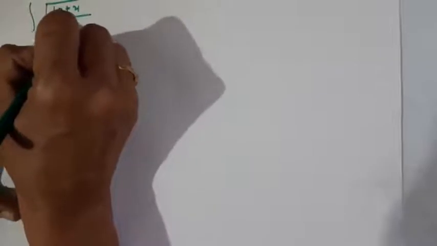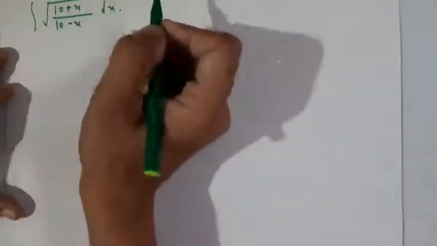By both methods I have solved the problem, and the last problem is evaluate the integration of square root of 10 plus x upon square root of 10 minus x with respect to x.